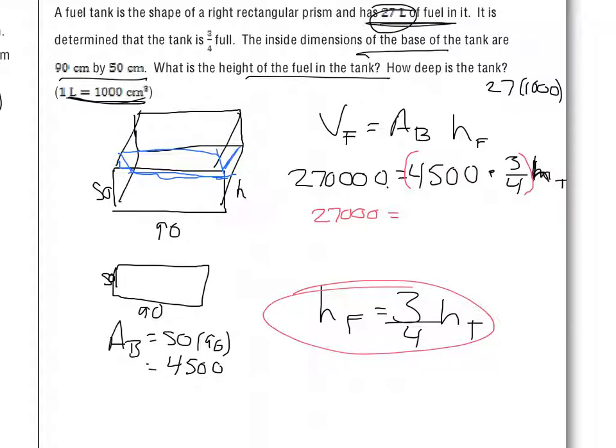By simplifying this, 4,500 times 3/4, I get 3,375 times h of t. Remember, h of t is representative of the height of the entire tank. And so go ahead and solve this equation. This is a one-step equation I know all of you can solve. So go ahead and do that on your own.